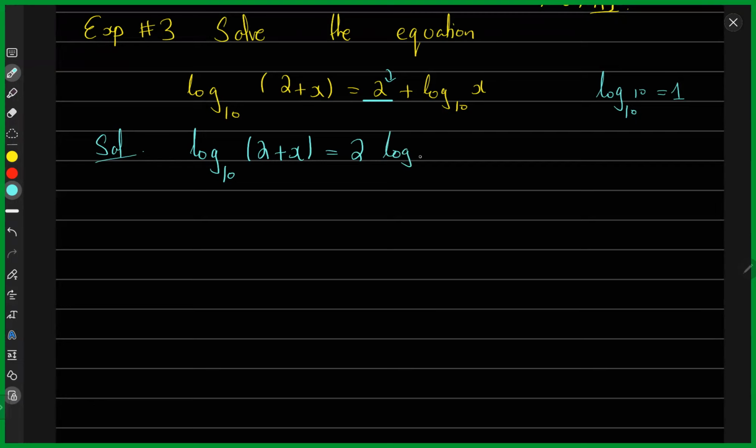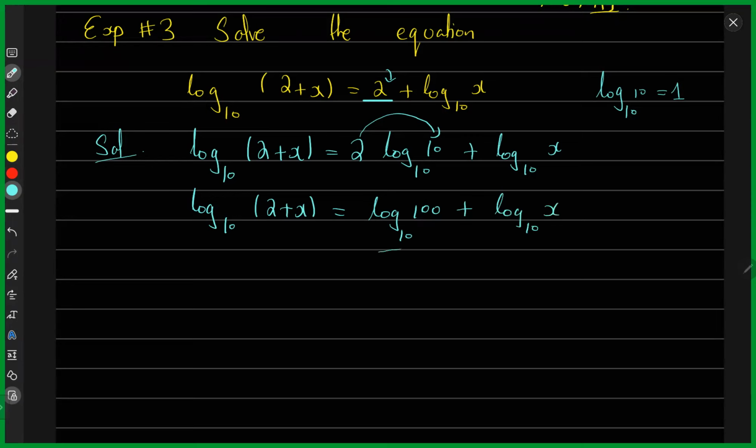and I'm not writing down 1, I'm writing down log 10 10 because I need log with every number to simplify. Plus log 10 x. Okay, next what I need to do is I can directly just take this 2 over here, and it would become log base 10 of 2 plus x equals log base 10 of 10 squared, which is 100, plus log 10 x.